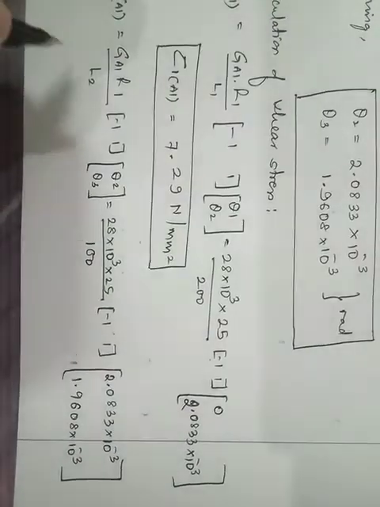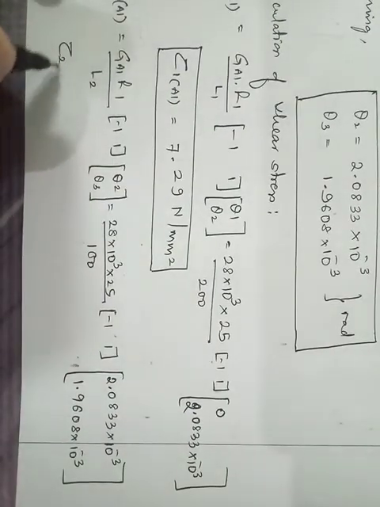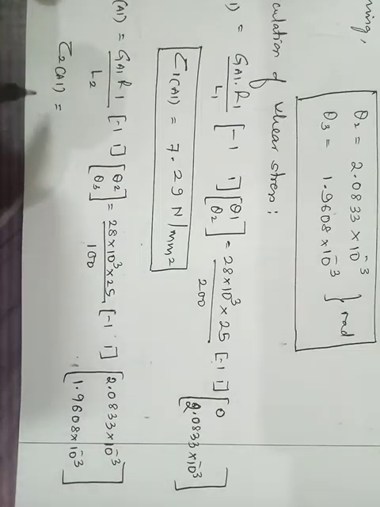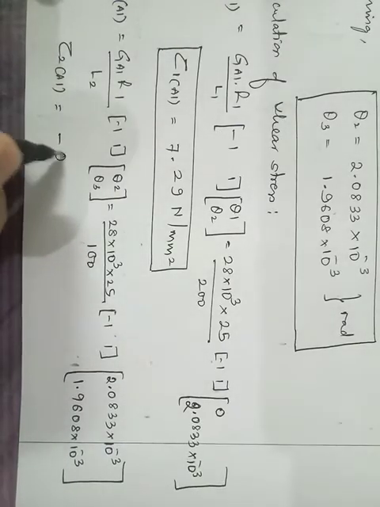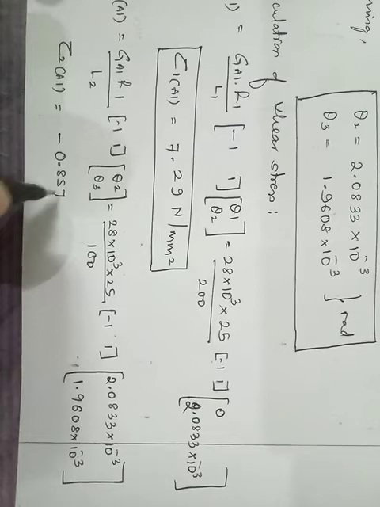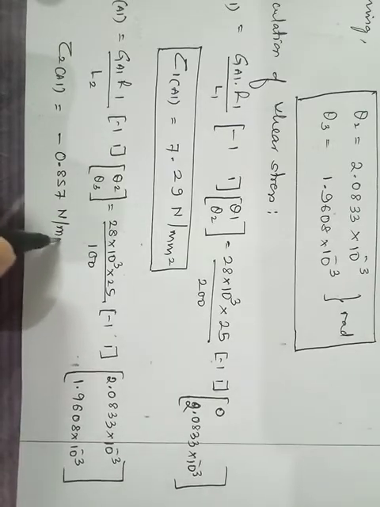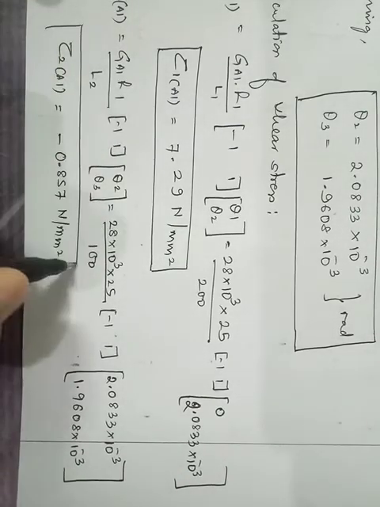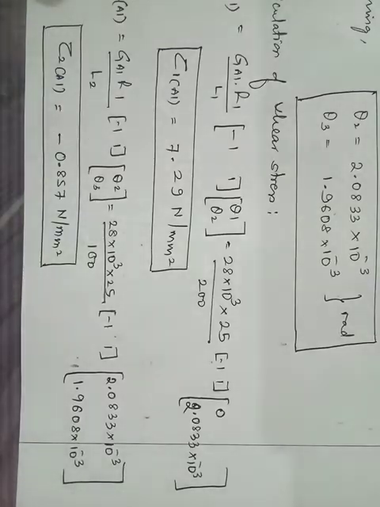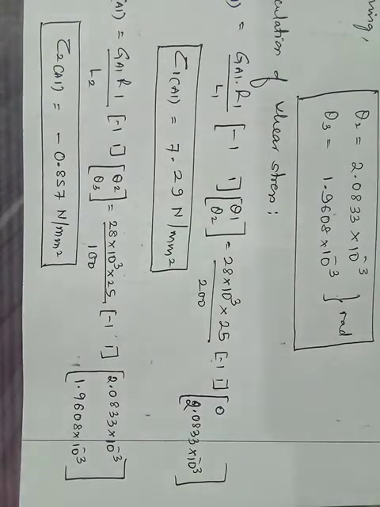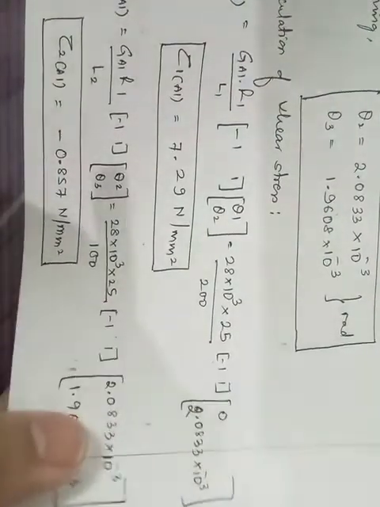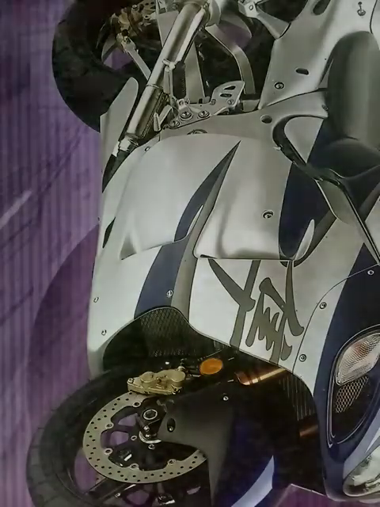If you do that, you'll be getting the stress as minus 0.857 Newton per mm square. So that is the stress in the second element. Now at last we'll go for the stress in the third element.